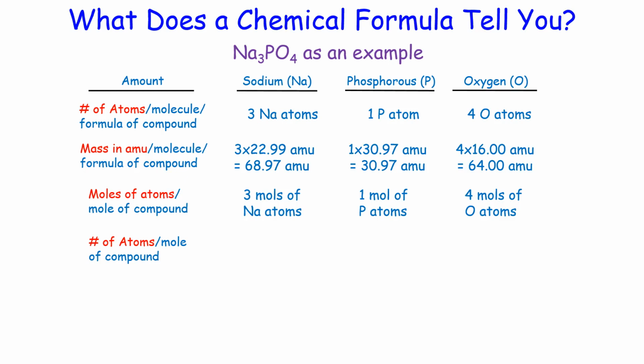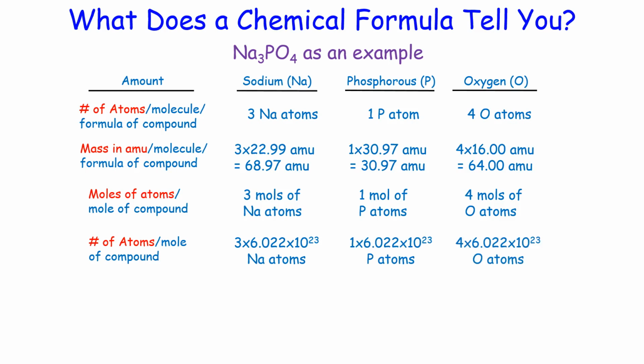We know the number of atoms or number of particles is related to the number of moles. Since there are 3 moles of sodium atoms in 1 mole of sodium phosphate, that should be 3 Avogadro numbers of sodium atoms, 1 Avogadro number of phosphorus atoms, and then 4 Avogadro numbers of oxygen atoms.